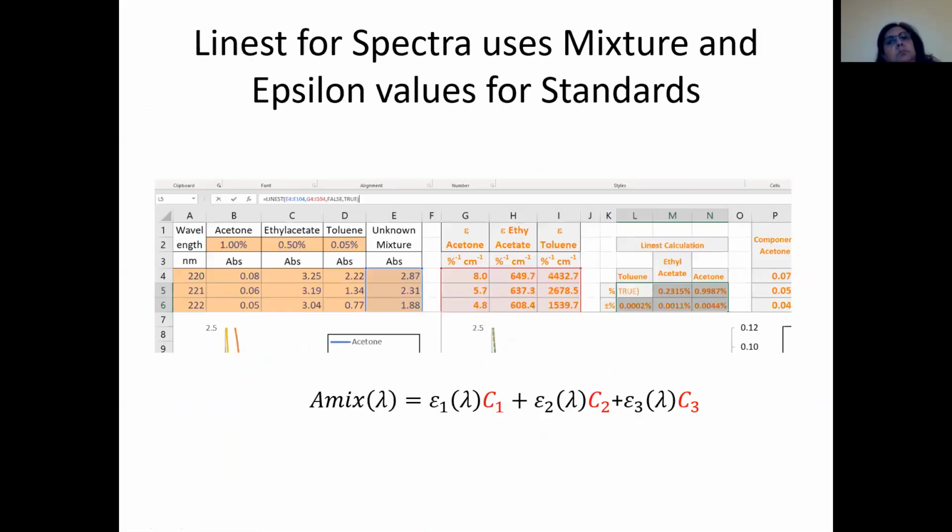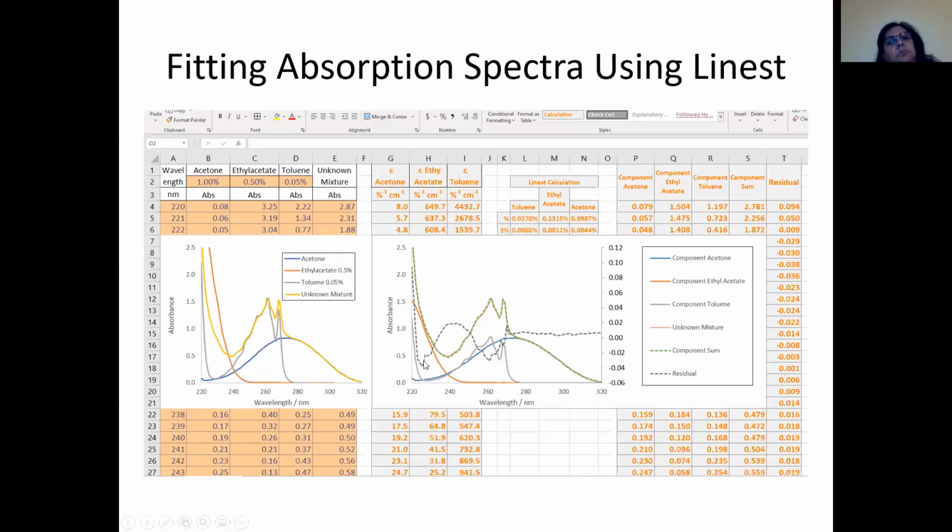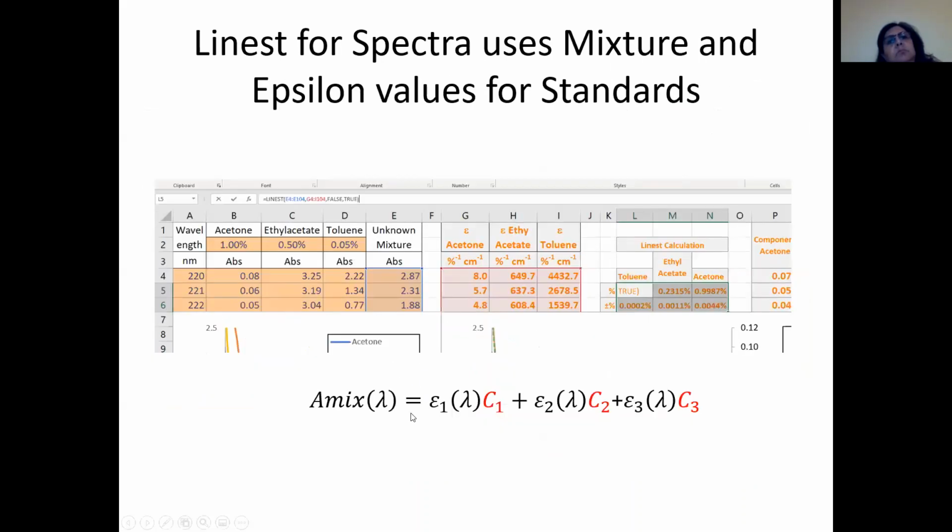Okay, so there's actually a little twist here, right? Because the linear formula that we're going to work with is the absorbance of the mixture as a function of lambda is epsilon as a function of lambda times C1 plus epsilon 2 times C2 plus epsilon 3 times C3, right?